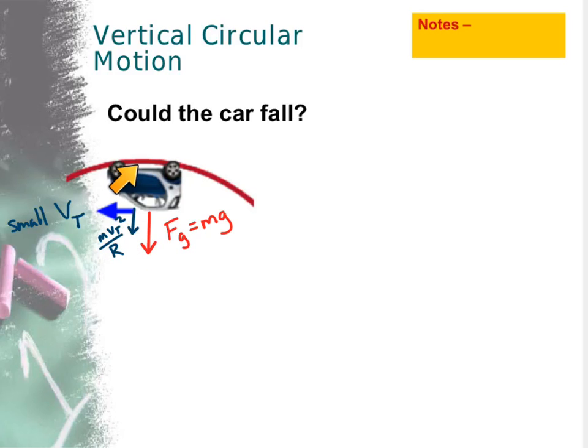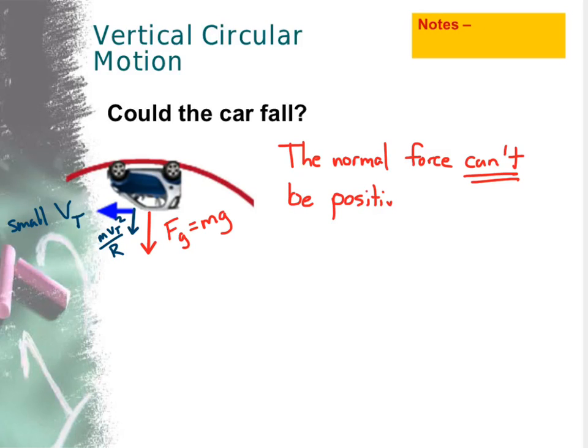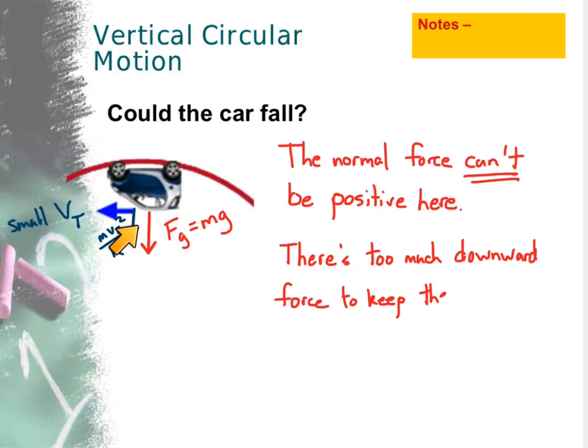After all, the surface is actually above the car. So if this velocity is small enough that this vector is smaller than this one, I have no way of adjusting the normal force to keep this car on the track. The normal force can't be positive at this point. It always has to be pointing down. So in this situation, there's too much downward force to keep the car on the track.